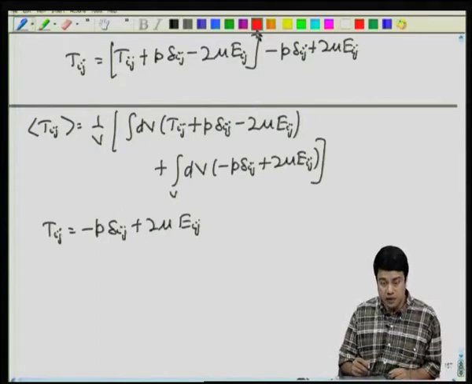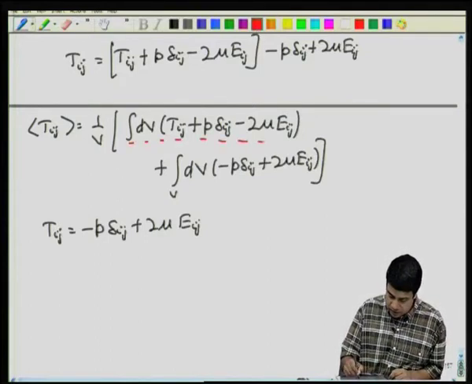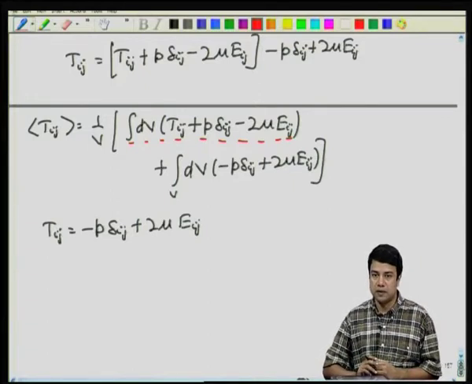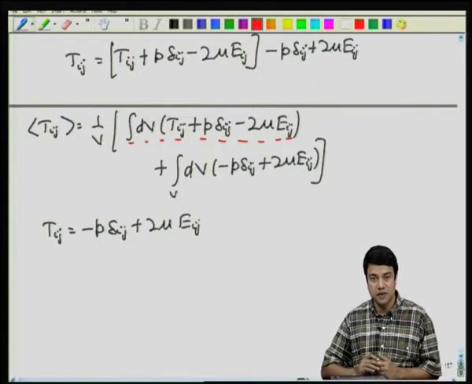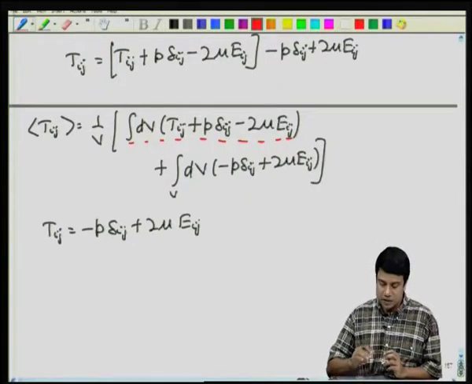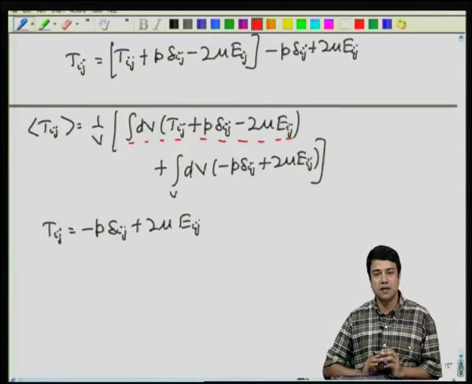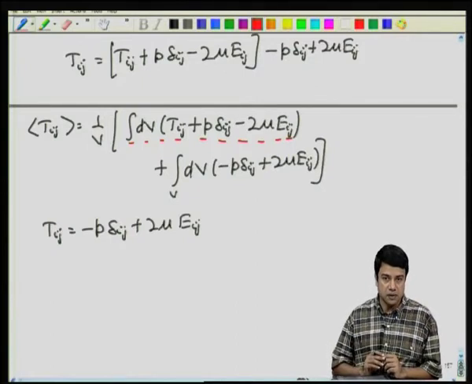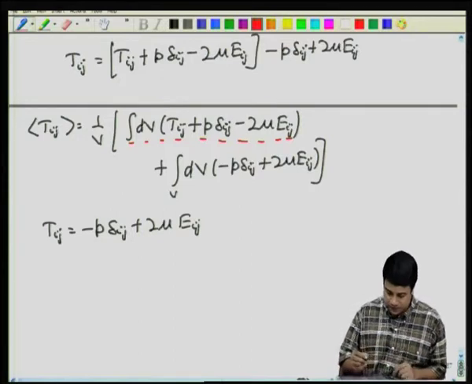Therefore, what has happened is that in this expression, the integrand is 0 in the fluid, because in the fluid we know that Tij is minus P delta ij plus 2 mu times Eij. So, the integrand is 0 in the fluid. That means that this integral contains only the integral over the particles. Even though originally I had posed it as an integral over the entire system, the integrand is 0 everywhere in the fluid, and therefore, the integral is only over the particles.